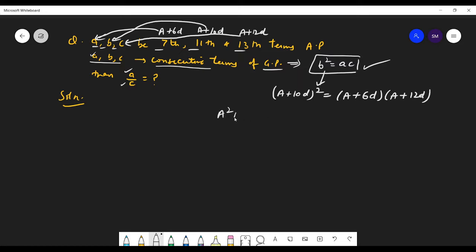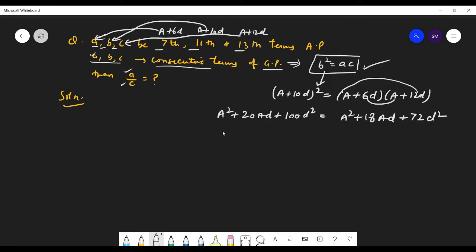So that's A square plus 20AD plus 100D square, and that's equals to A square plus 18AD plus 72D square. See, 12AD from here and 6AD, so 12 plus 6 is 18.